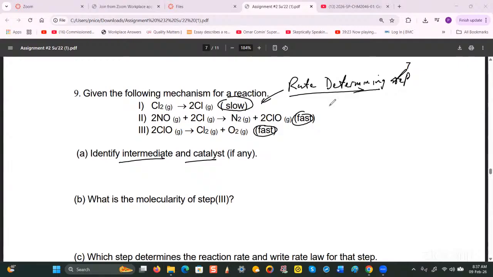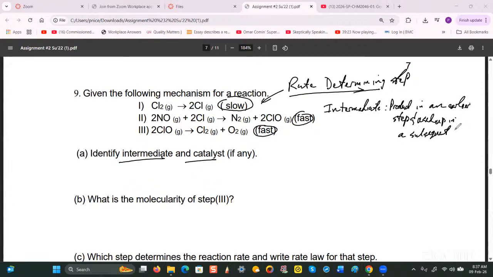Maybe I should write this down. So the intermediate, I'm sorry, I'm having the terms confused. The intermediate is produced in an earlier step, and used up in a subsequent step.